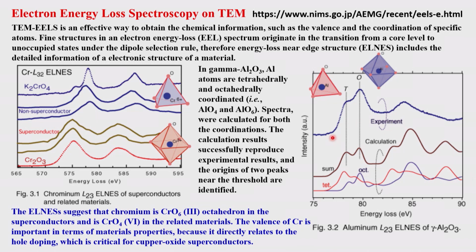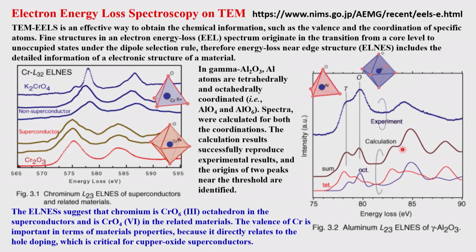Now this is the experiment which is done for the gamma phase. This is what you have for your element. So how do you explain that? If you deconvolute and fit this, it gets fitted with a part of the tetrahedral and a part of the octahedral, and then you can take the areas and talk about the ratio of these.